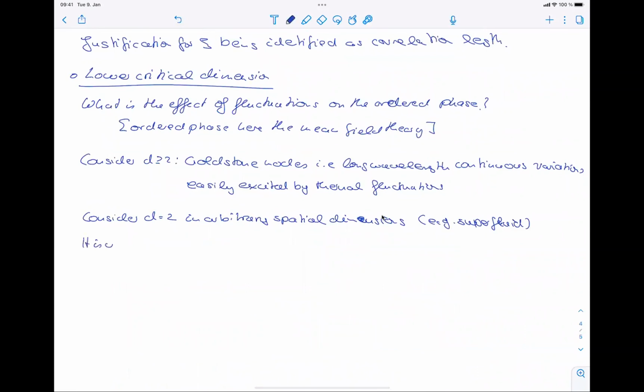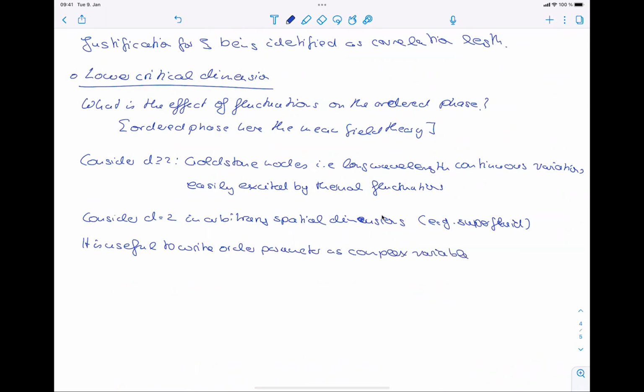So it is useful to now write the order parameter itself as a complex variable in polar coordinates.